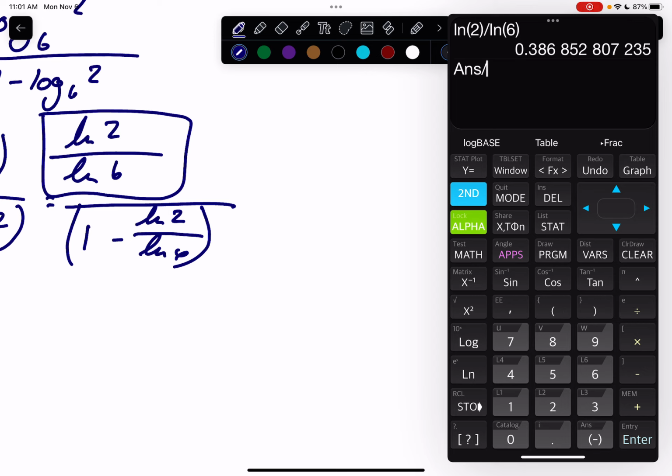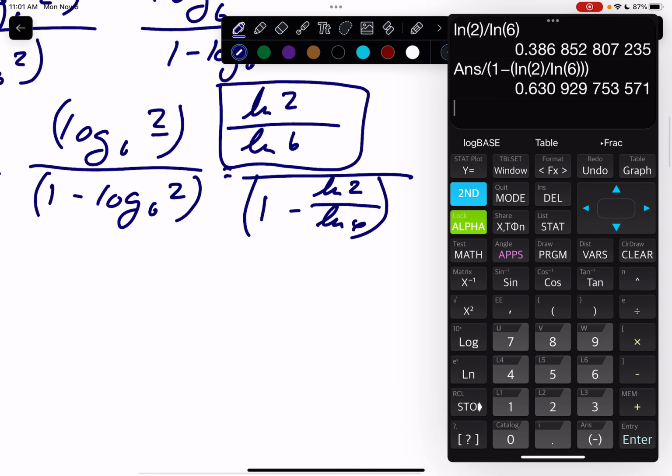That puts that answer in up here at the top. Parentheses, 1 minus, parentheses, natural log of 2 divided by the natural log of 6. And then close up the parentheses, and then close it up one more time.